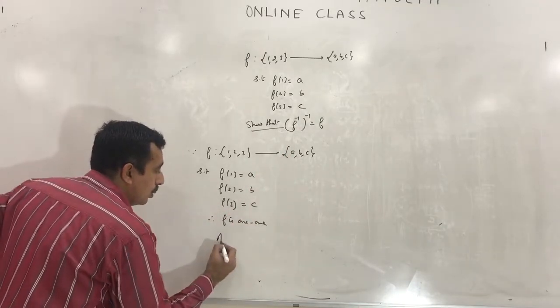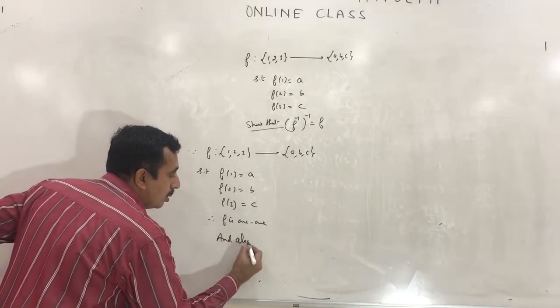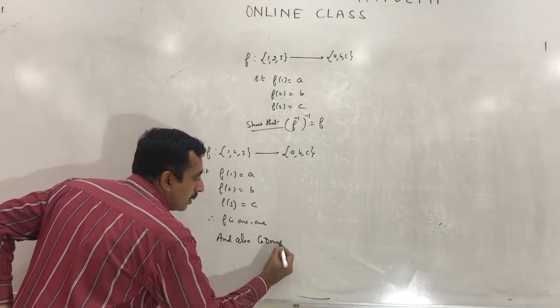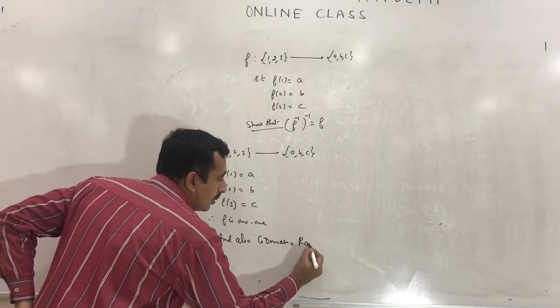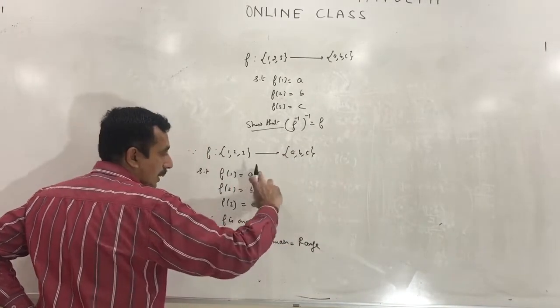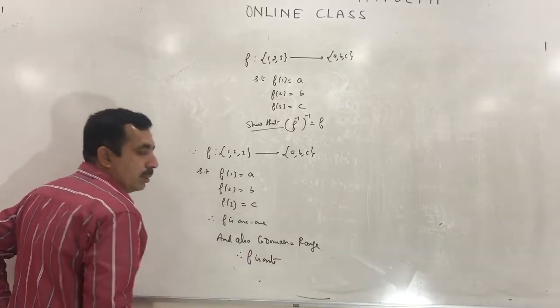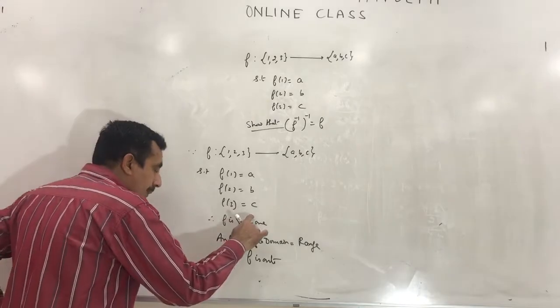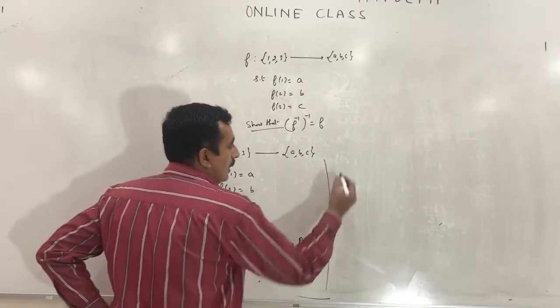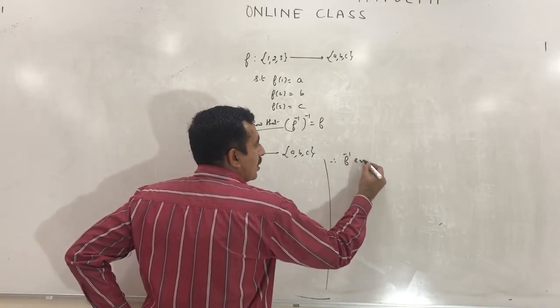And also codomain is equal to range, therefore f is onto. And when f is one-one and onto both, therefore inverse exists.